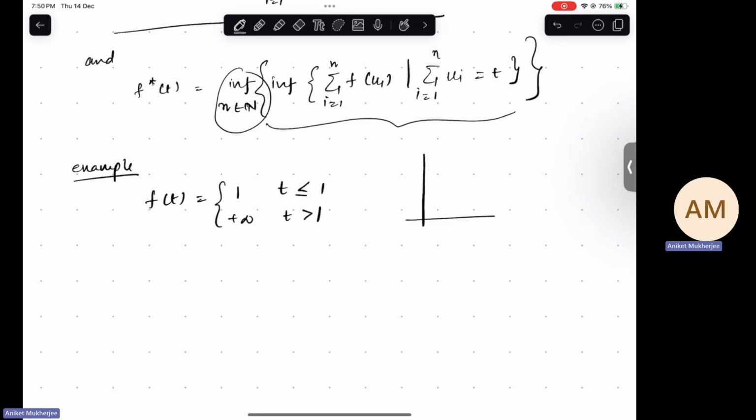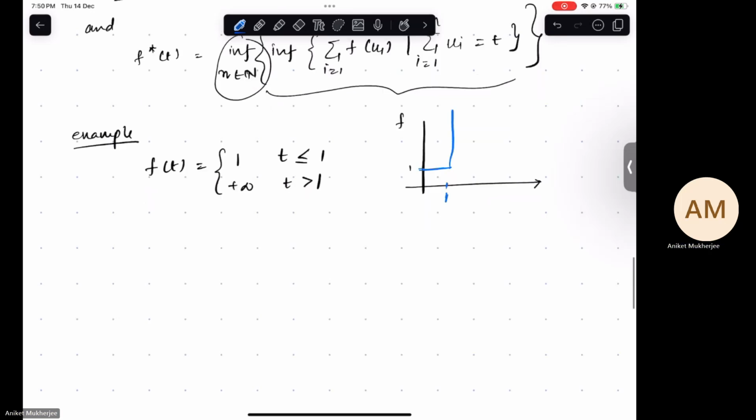So basically the function looks like this. So the f function looks like this. This is 1. And this is 1. Okay.